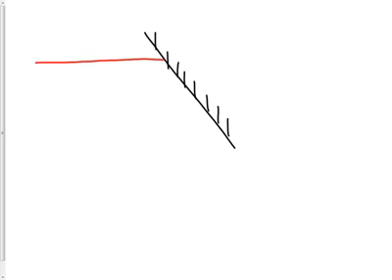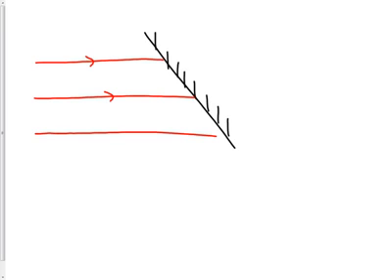So wave fronts and rays, you can use them both to represent the same thing. Okay, so what you need to be able to do is represent loads of processes with either wave fronts or rays. So if I were to say to you, what about reflection of light at a mirror? Okay, and if I were to send in 3 rays, you'd be totally fine. You'd be like, okay, well, put in some normals.